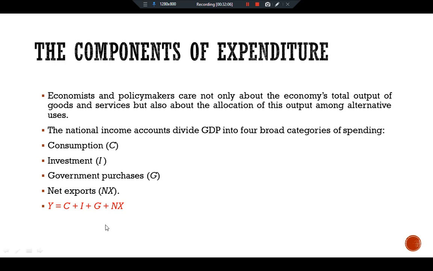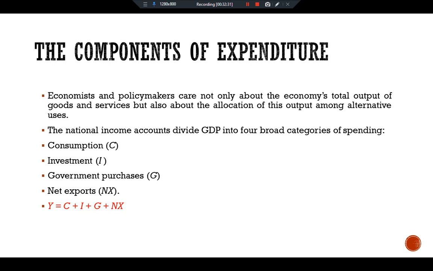While talking about net exports, net exports account for trade with other countries. Net exports are the value of goods and services sold in other countries, which we call exports, minus the value of goods and services that foreigners sell to us, which we call imports.